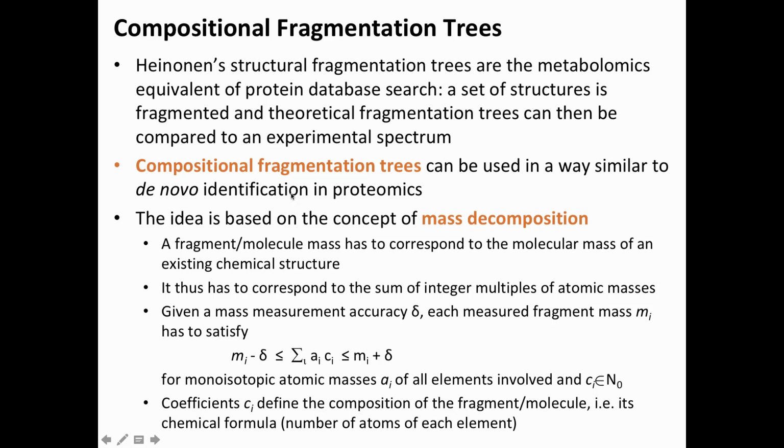You're not biasing yourself by a structure database, of which we know that it is incomplete, but instead we're just looking at the composition that we see. And from the accurate mass, we get a decent composition. And then we can start thinking, how can you decompose this composition into other possible structures?